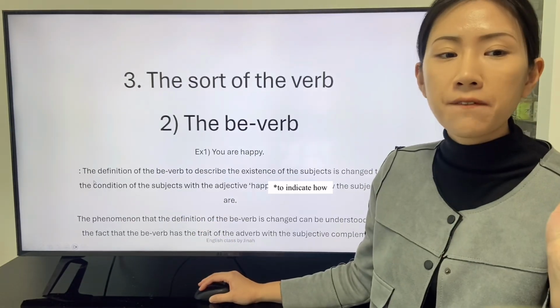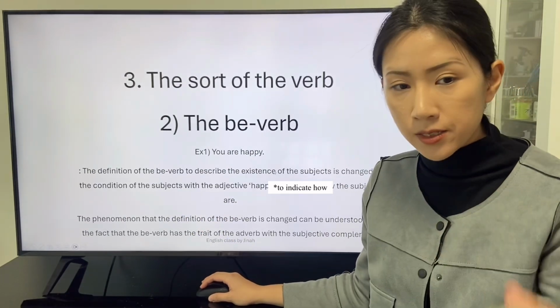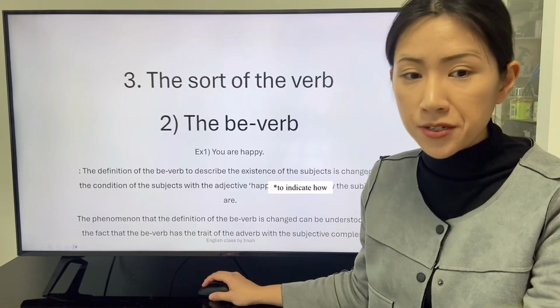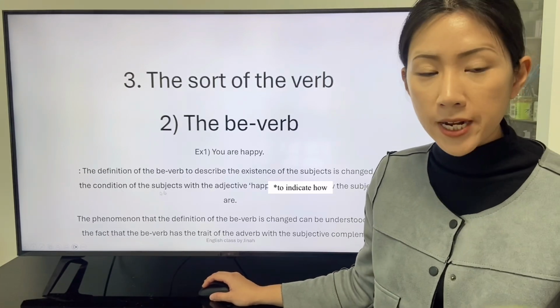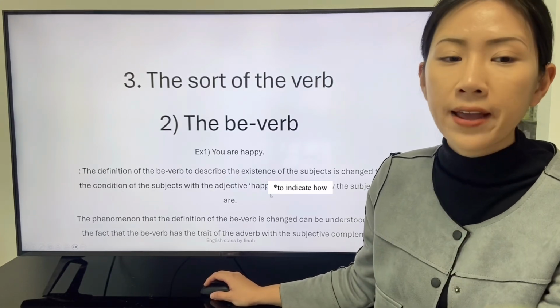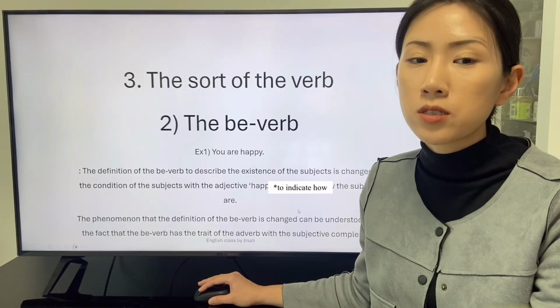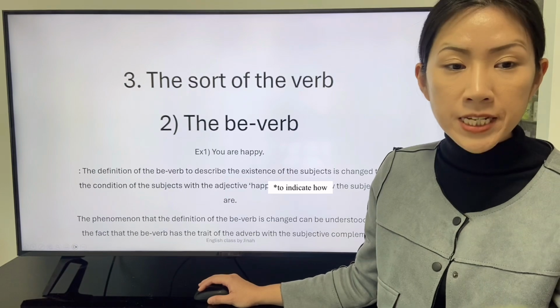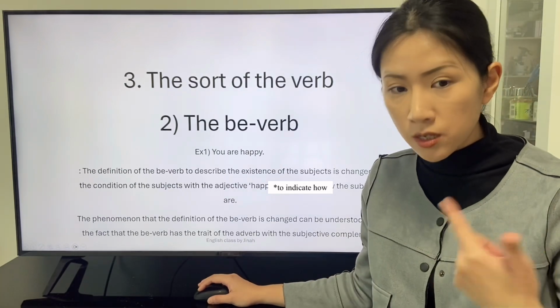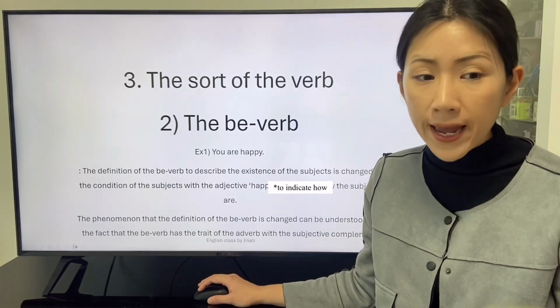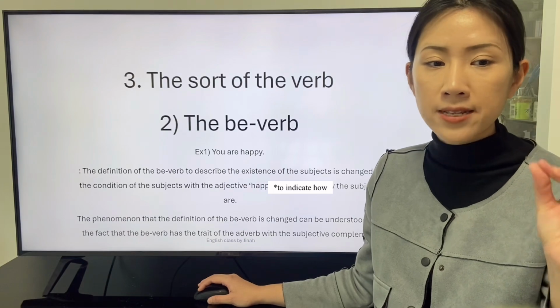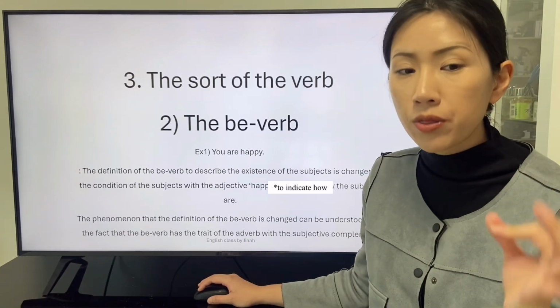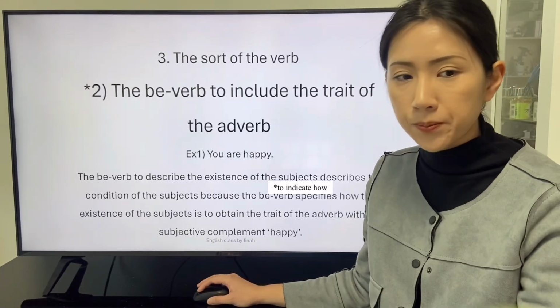The definition of the be-verb to describe the existence of the subject is changed to the condition of the subject with the adjective happy, how the subjects are. This phenomenon that the definition of the be-verb is changed can be understood with the fact that the be-verb has the trait of the adverb with the subjective complement.